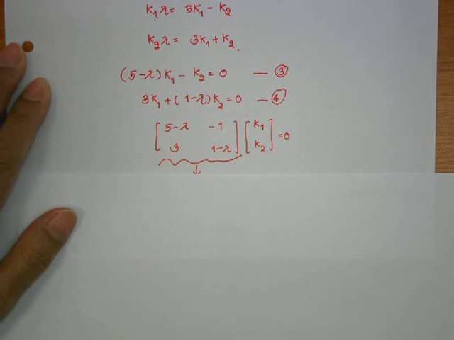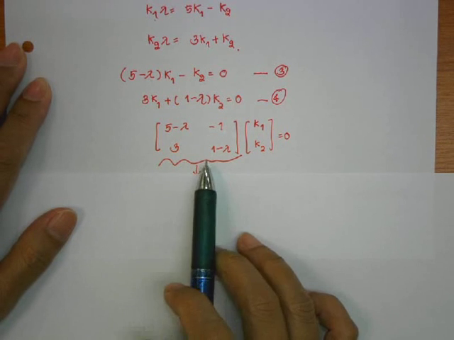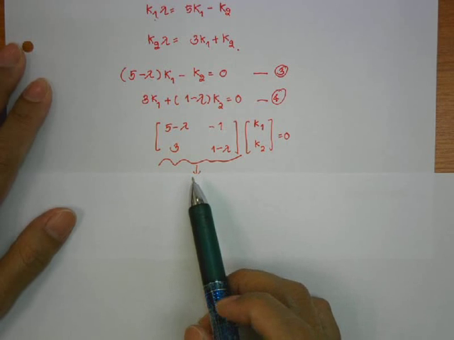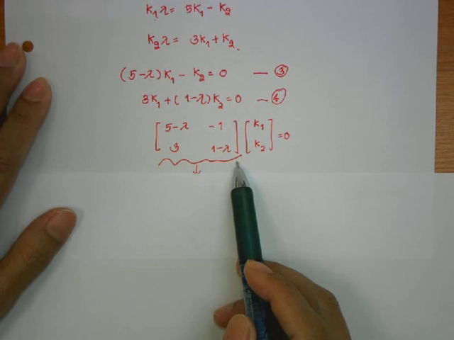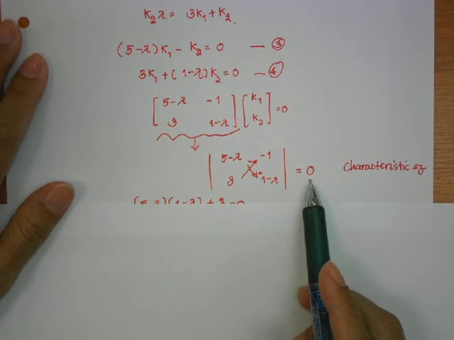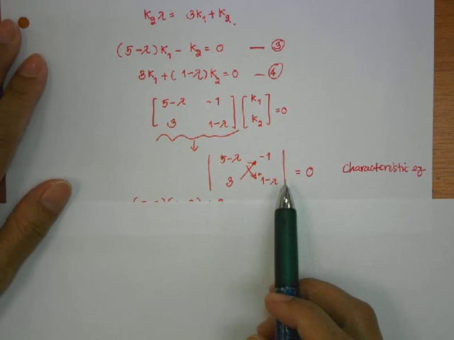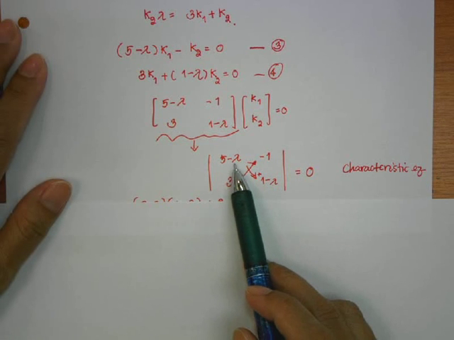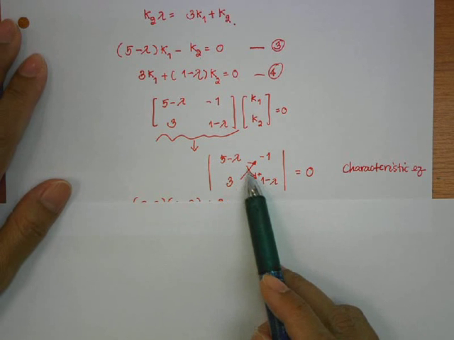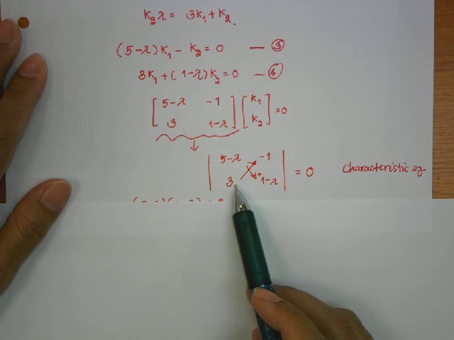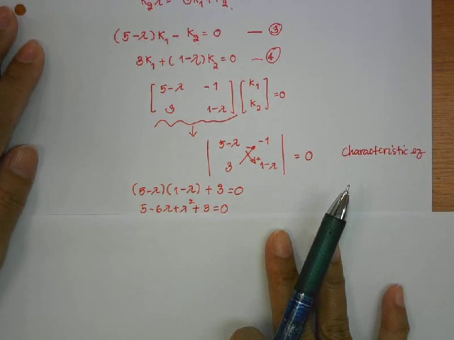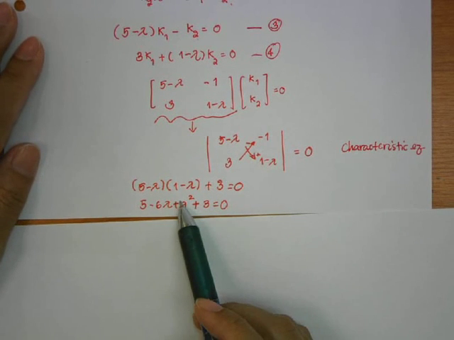So our characteristic equation comes from the determinant of the coefficients of k1 and k2, and we set it equal to 0. This is a 2 by 2 matrix, so the way to find the determinant is that you multiply this and this, and subtract the product of 3 and minus 1. So you would get the characteristic term as this.